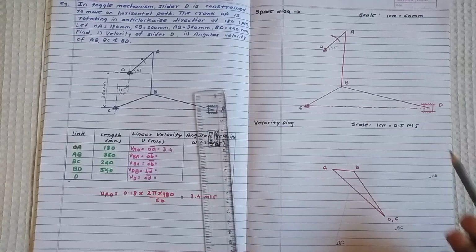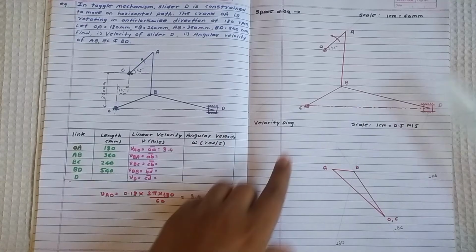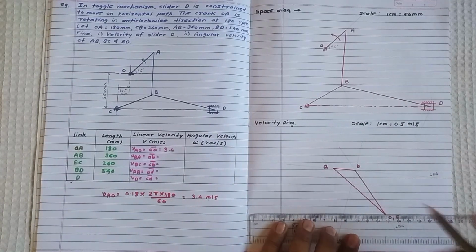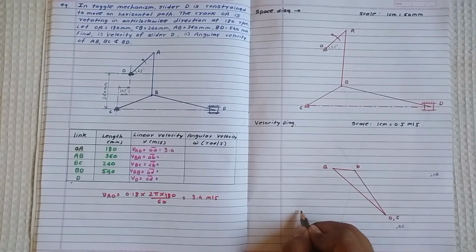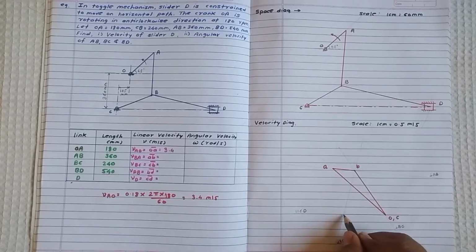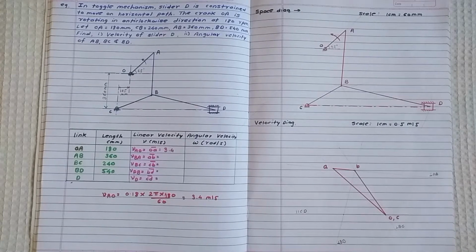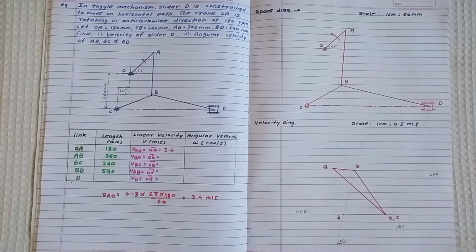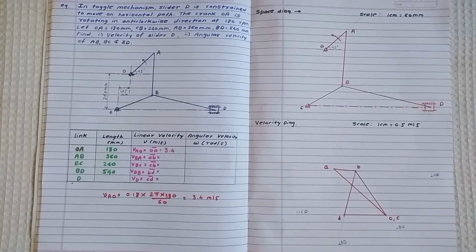So we can draw a line parallel to CD from fixed point c. It is parallel to the line of the paper. We can draw a faint line parallel to CD. These two lines meet at a point, and that point is d. So let us join bd and cd. Now all links are covered, so the velocity diagram is complete.